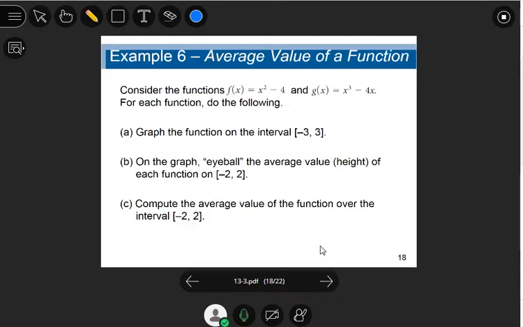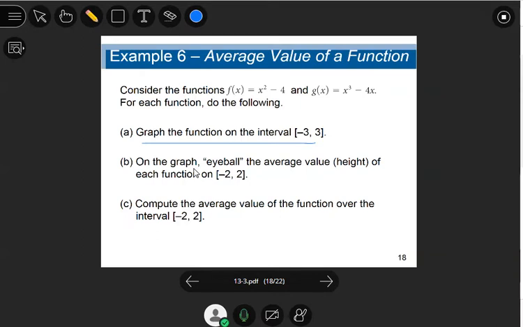You can see it. So first, example 6 is asking: consider the functions f of x equal to x to the power 2 minus 4 and g of x equal to x to the power 3 minus 4 times x. For each function do the following. First, graph the function on the interval. Already you know how to do it. You can use your calculators also.